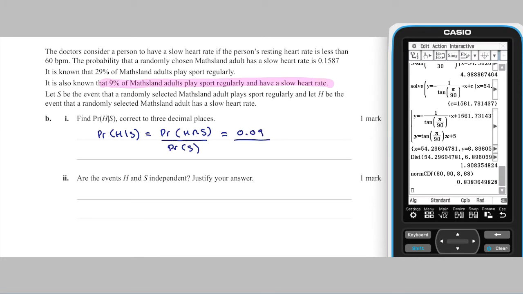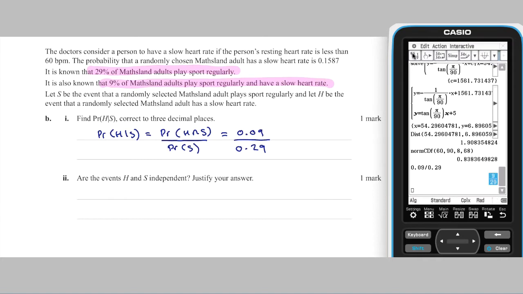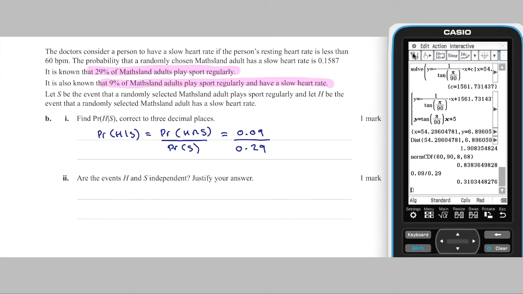The probability of a randomly chosen adult playing sport is 29%. Hence our calculation is 0.09 divided by 0.29. To 3 decimal places, this answer is equal to 0.310.